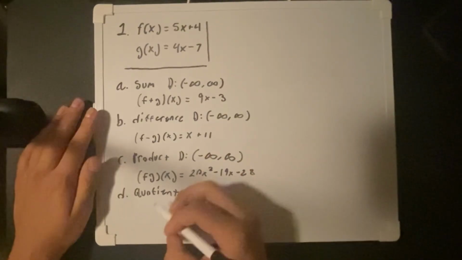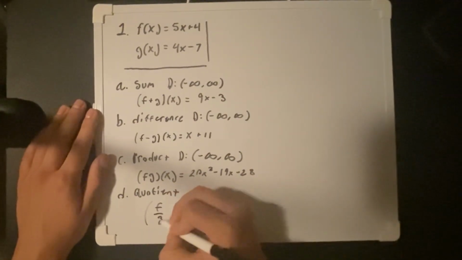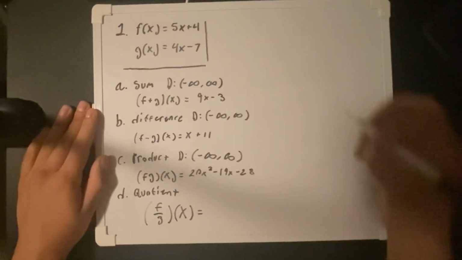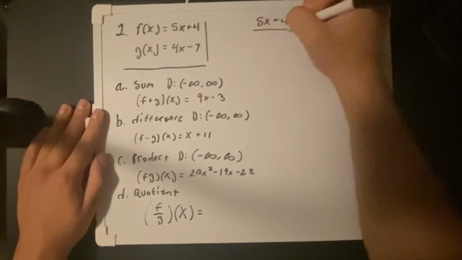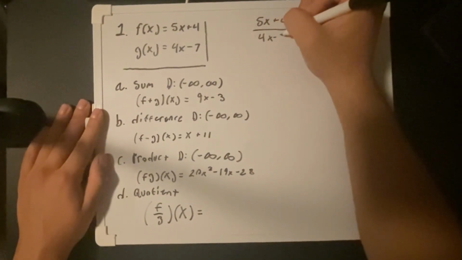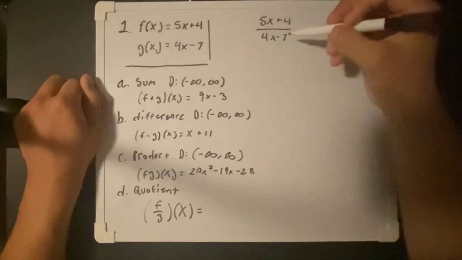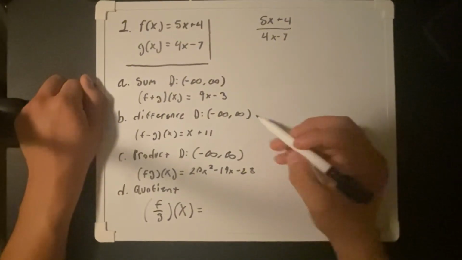Now for the quotient. The quotient will be parentheses f over g of x. And we'd write it down like this. Now, like many of our previous answers, there is no way to simplify, but we still need to find the domain.